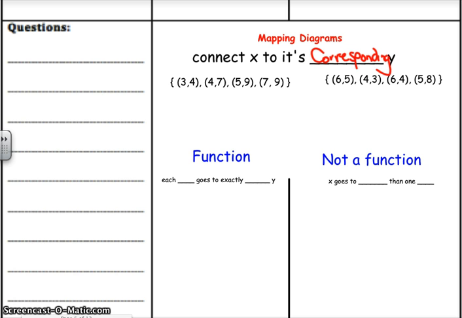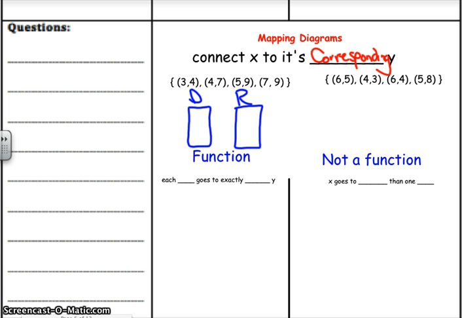Okay, so when we map, we need a T-chart. So I usually go x, actually domain, x is domain. When we talk about functions, we talk about domains. So domain and range. And usually how a lot of times we write it, we do a little rectangular box, the domain and the range.